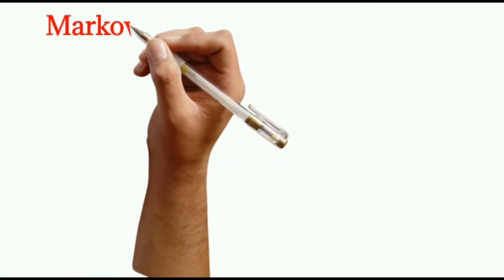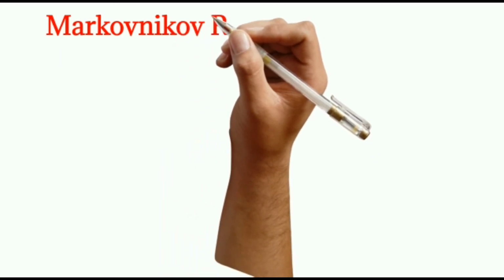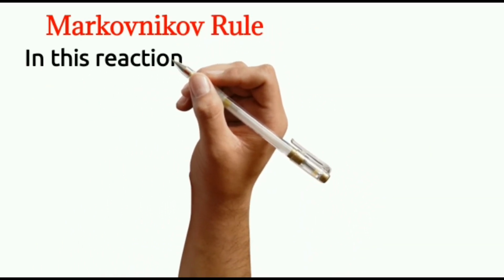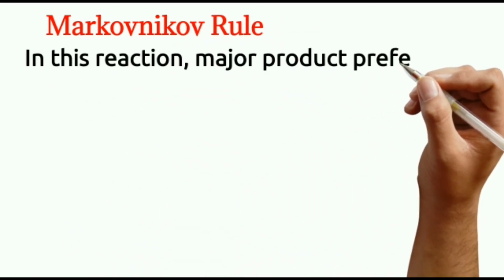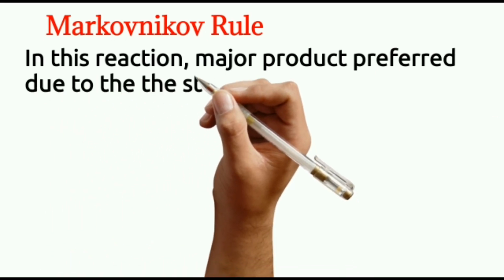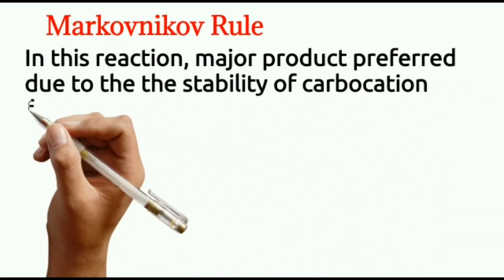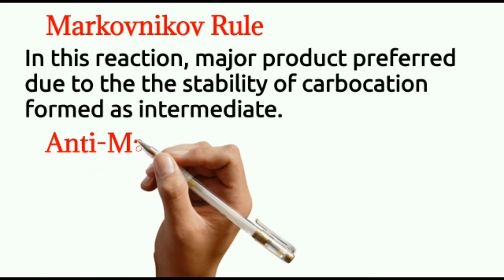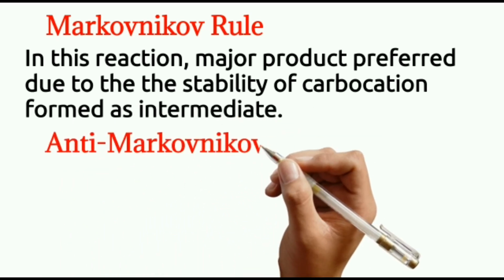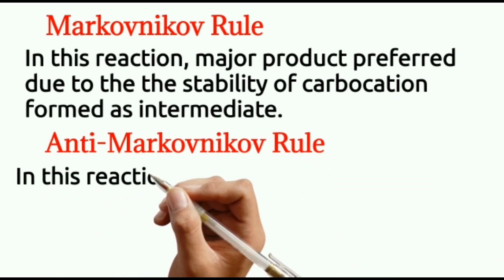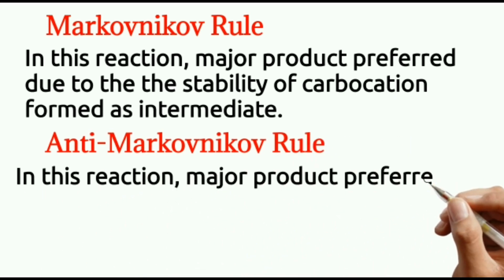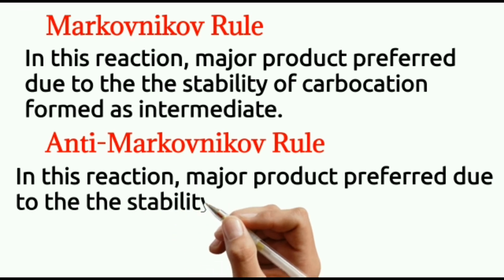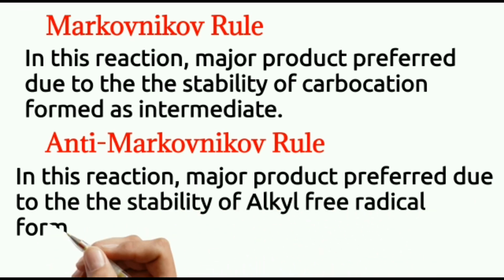Now the seventh difference, for Markovnikov's rule, in this reaction the major product is preferred due to the stability of the carbocation formed as an intermediate. Now for anti-Markovnikov's rule, in this reaction, the major product is preferred due to the stability of the alkyl free radical formed as an intermediate.